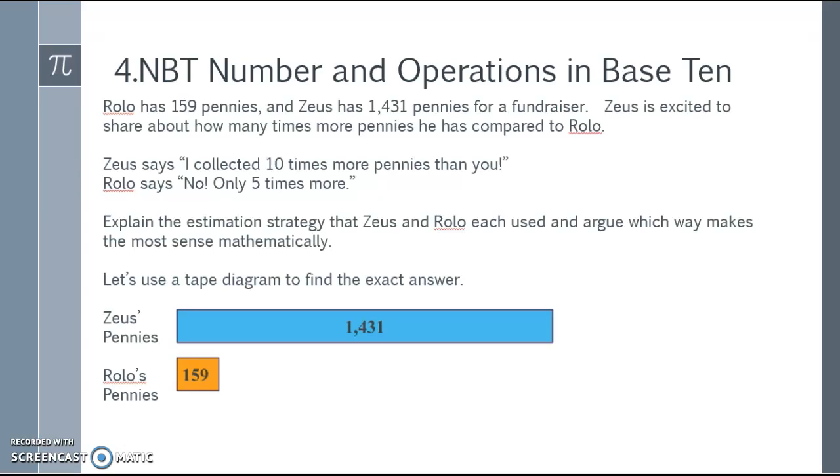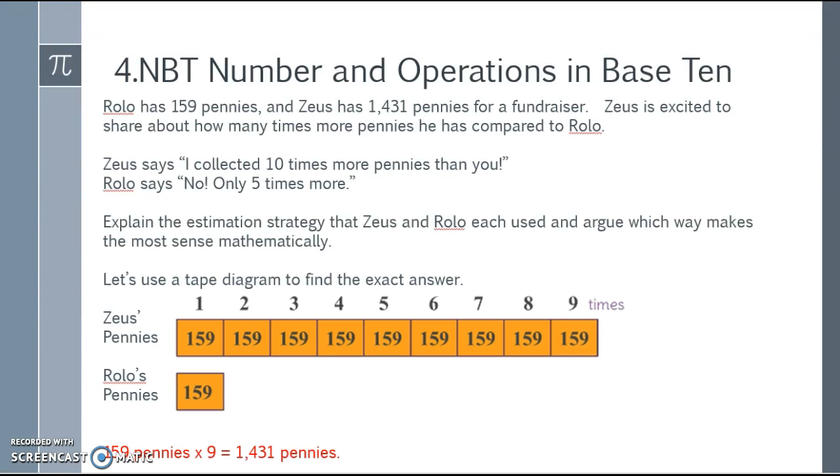Let's use a tape diagram to find the exact answer. Zeus's pennies were 1,431. Rollo's were 159. I need to know how many orange bars can fit onto the blue bar. I see that 159 will fit on the blue bar 9 times.